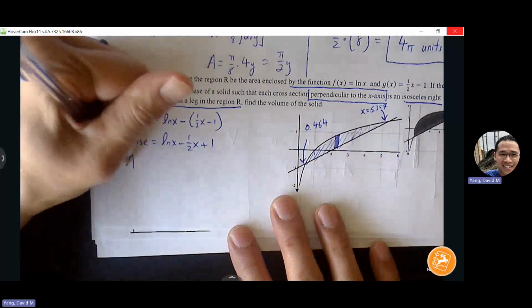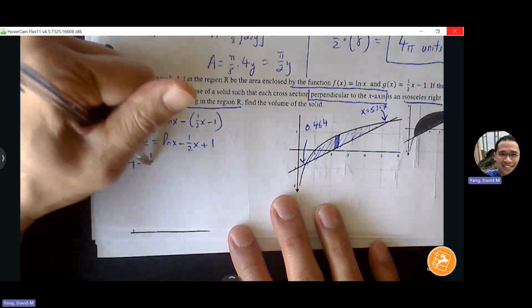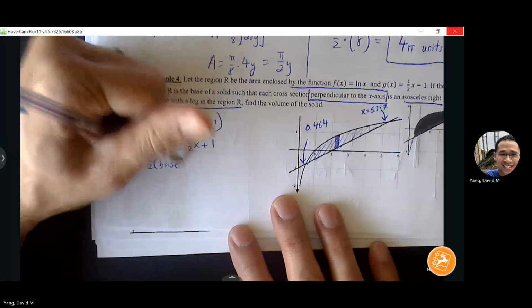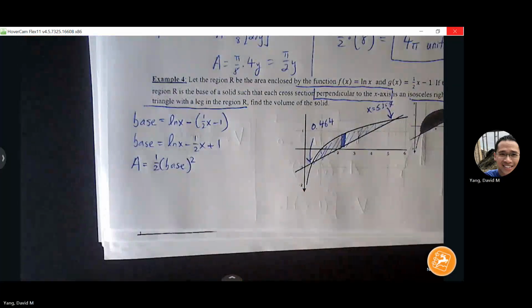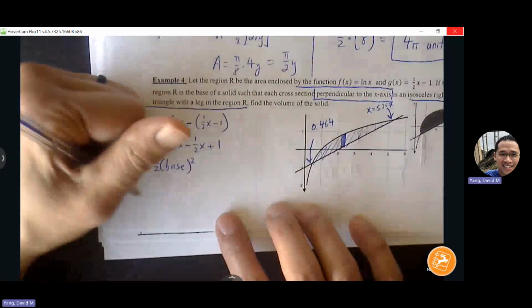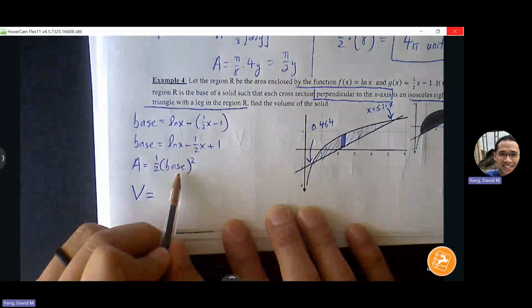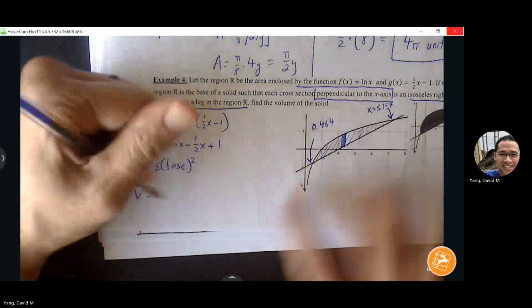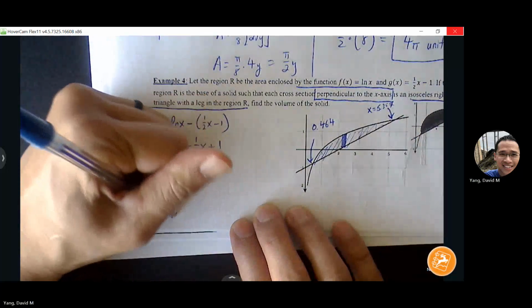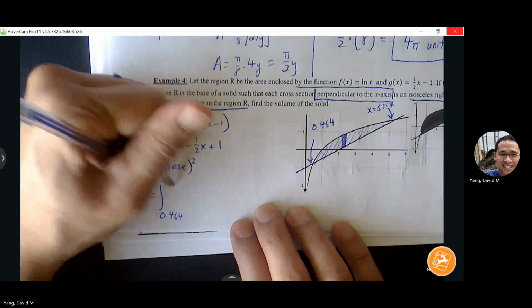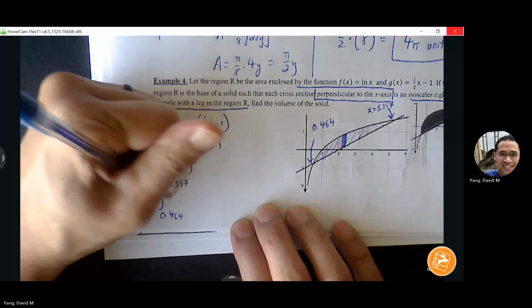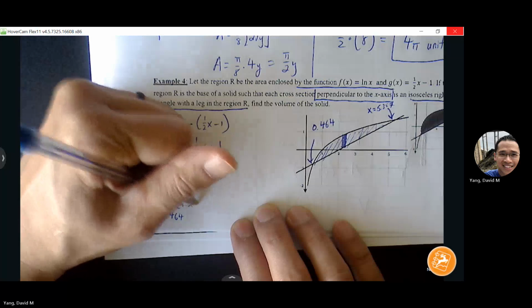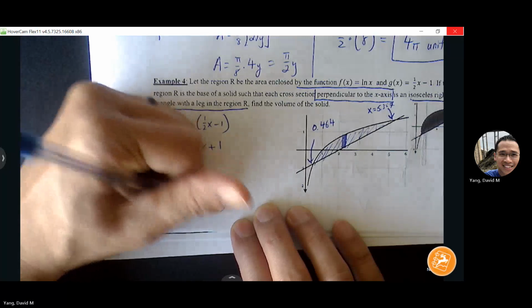Okay, so our area is 1/2 base squared. Now the volume, we just insert that into the integral with the bounds. And the rest is calculator.